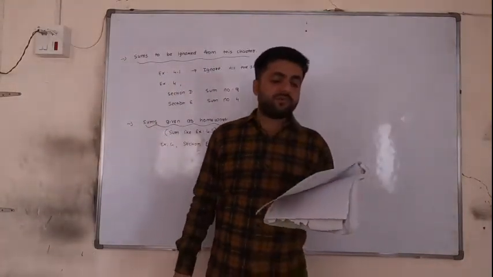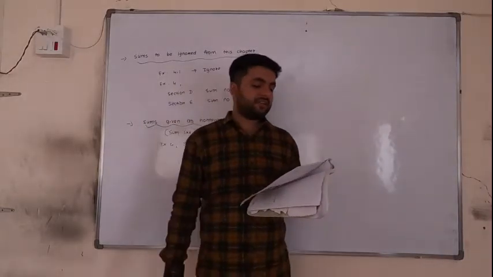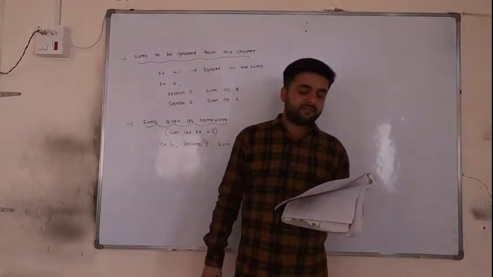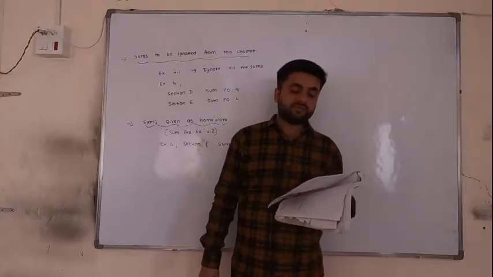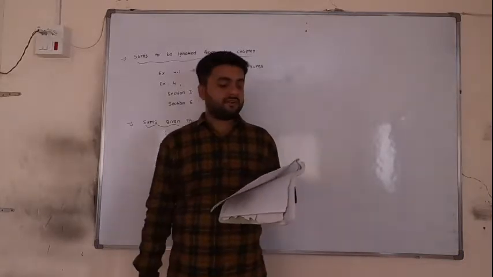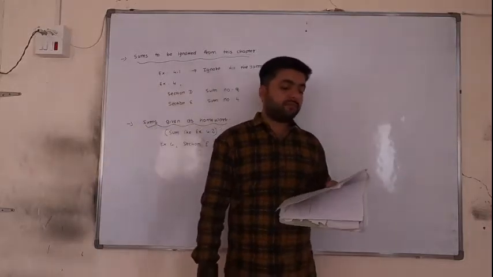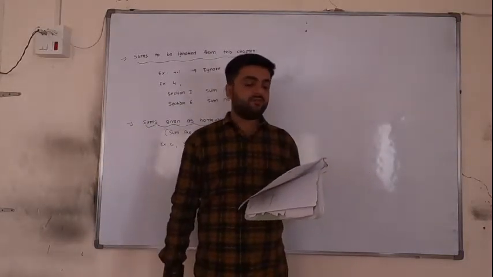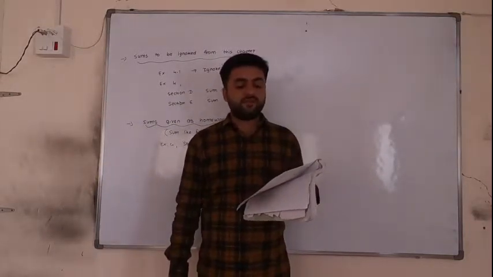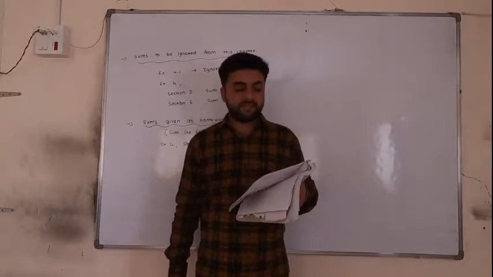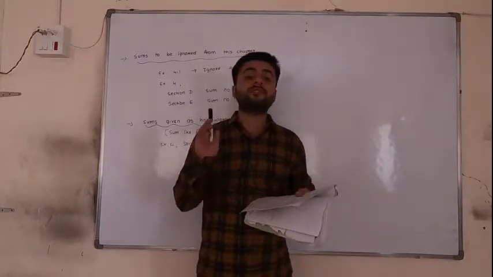Data about exports of ready-made garments of a textile manufacturer are given below. Fit a linear trend to this data and estimate the trend for 2017. So years are given and export Y is given. So we will draw time T column. 2010 is 1, 11 is 2, 12 is 3, 13 is 4, 14 is 5, 15 is 6. Now we have to estimate for 2017.